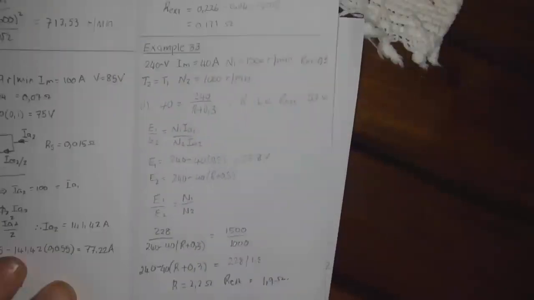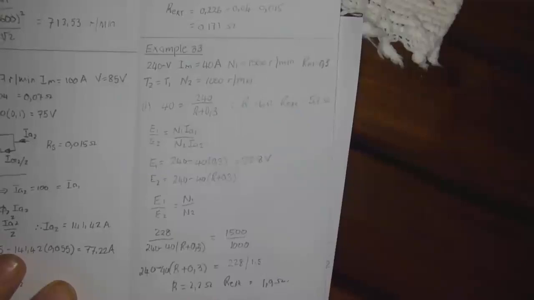Then again, we have E1 over E2 is N1 IA1 over N2 IA2. So there we have E1 is 240 minus 40 times 0.3 gives us 228 volts. E2 will now be 240 minus 40 times R plus 0.03.